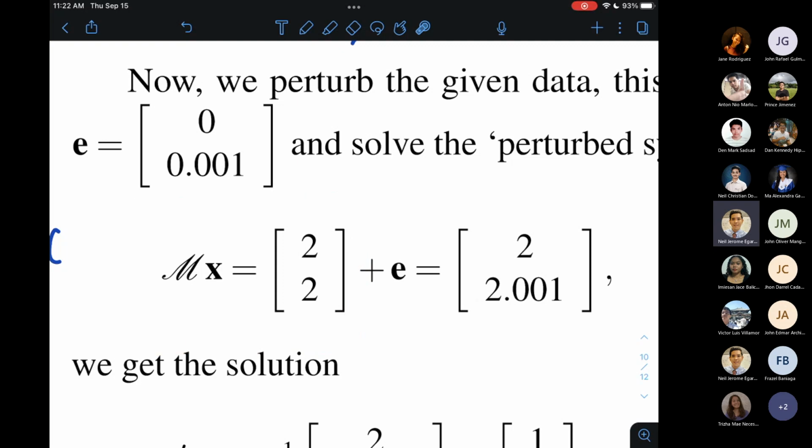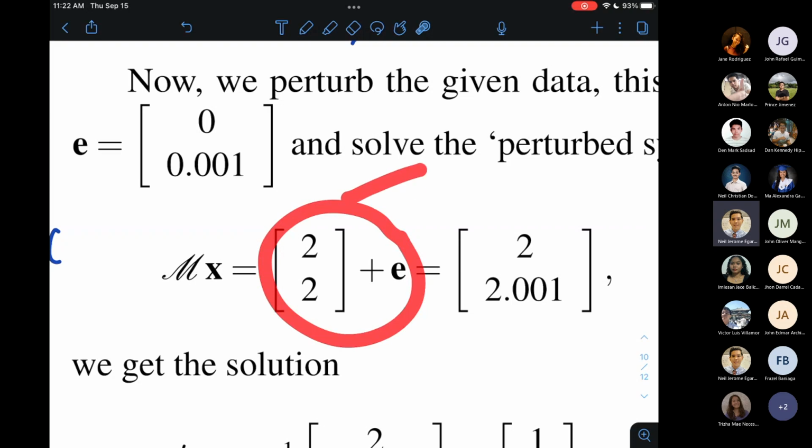Ano ang data natin sa inverse problem? Ang data natin ay yung desired output. This is the data, so siya yung dadagdagan ko ng measurement noise. Okay? Or measurement error. So that means instead of solving MX equals 2,2, I'll be solving MX equals 2,2 plus epsilon or 2,2 plus E. Kasi tingnan ko ano yung solution na makukuha ko mula dito sa perturbed system.